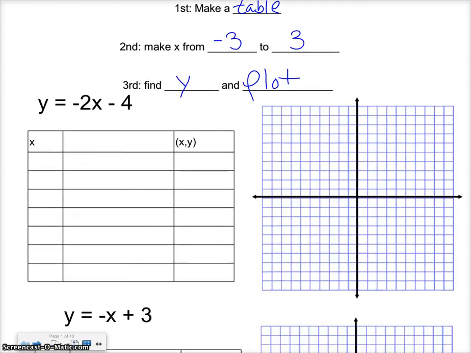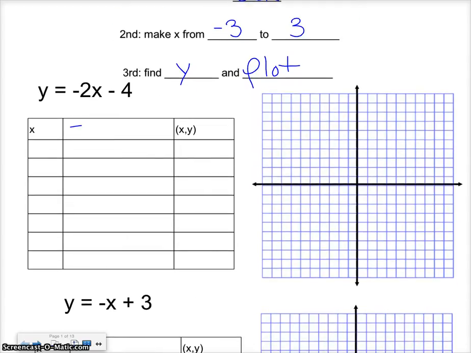I like to write my equation in the middle because that tells me how I'm finding my y, and then my x goes from -3 to +3. That's 7 different calculations. It is a lot. But that's okay. Once you start getting in the zone, it goes pretty fast. But just trust that it's going to take a little bit tonight.